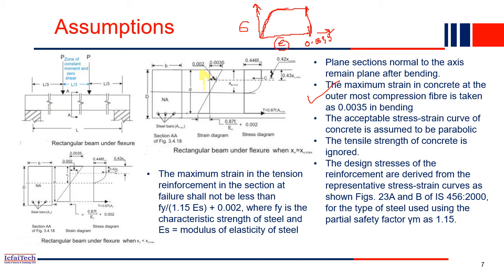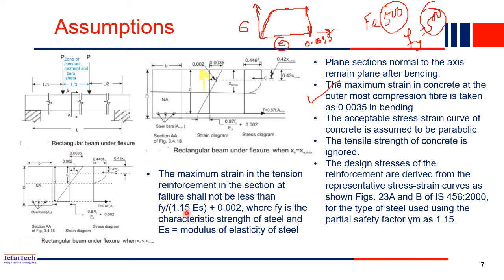That means the Fy value, the yield strength of that grade of steel, is 500 MPa. MPa means Newton per mm square. So here it is 500 by 1.15, where 1.15 is the partial safety factor of steel. That is also our assumption. The code says you have to use this.